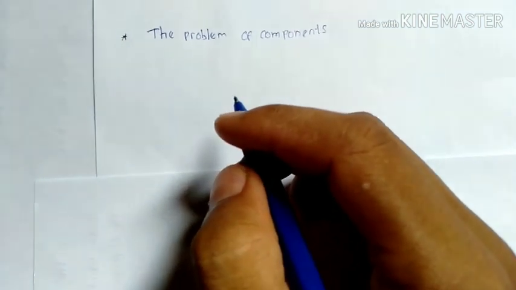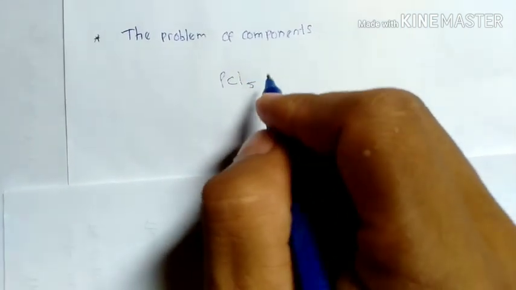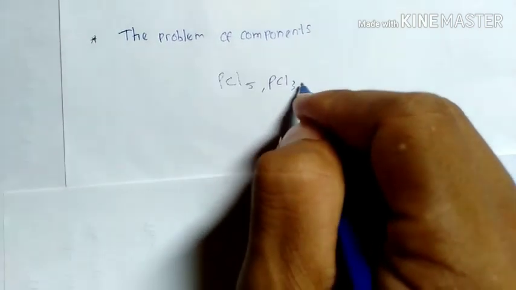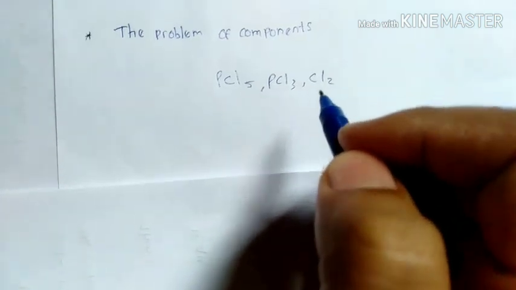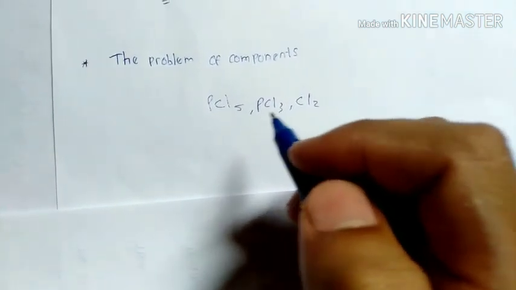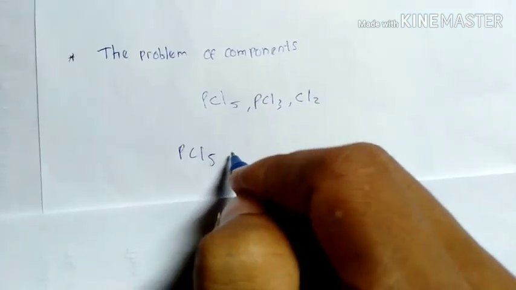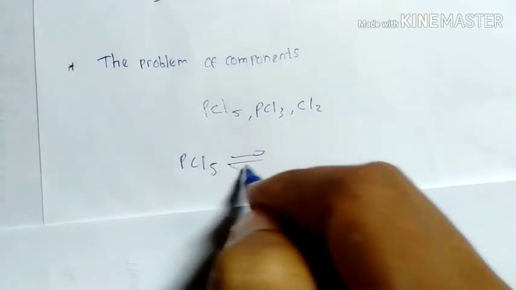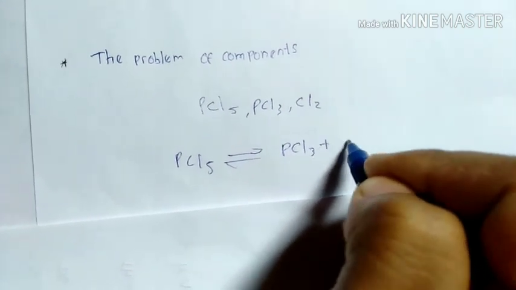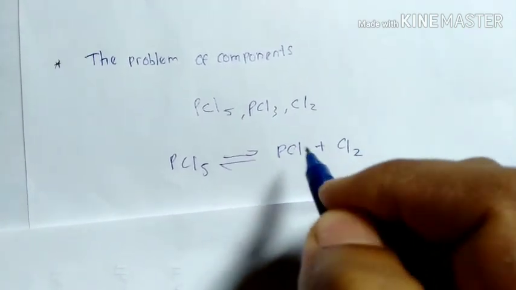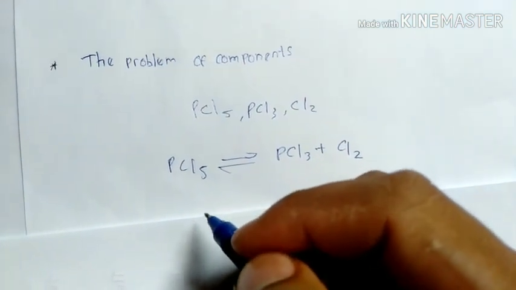Example: the system contains the species PCl5, PCl3, Cl2. There are three species present but only two components, because the equilibrium PCl5 ⇌ PCl3 plus Cl2 is established in this system.